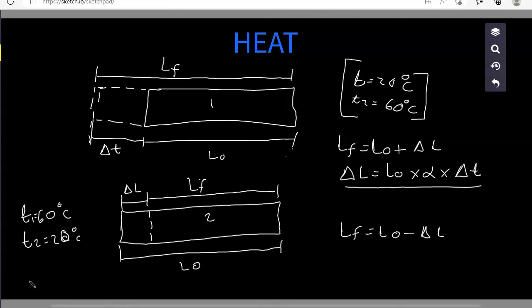This is when we are only focusing on linear expansion, meaning we are only focusing on the length of the object. Because the reality is that if we have something like this and we increase the temperature, it's not only this side that increases in length, this side also increases in length.